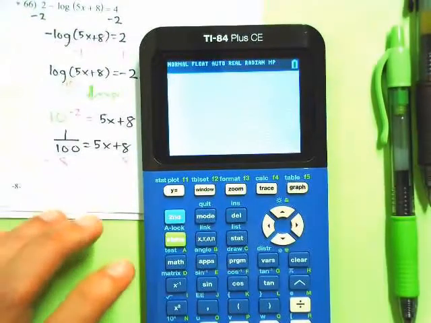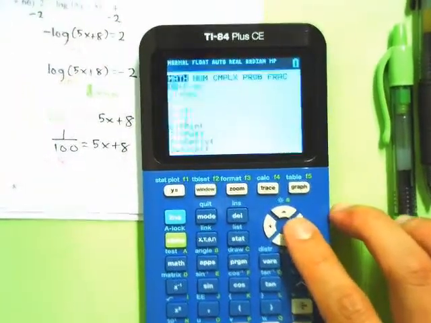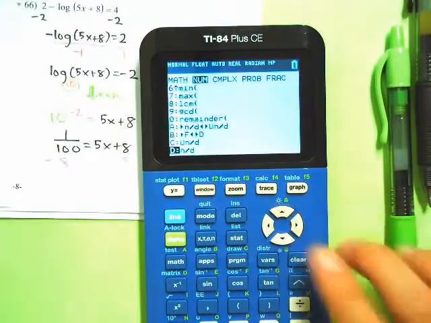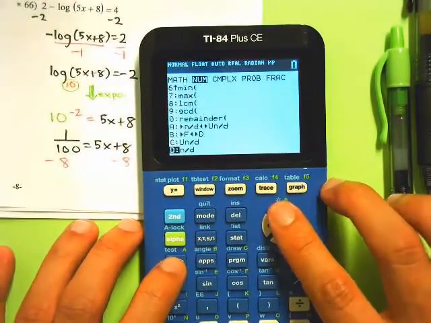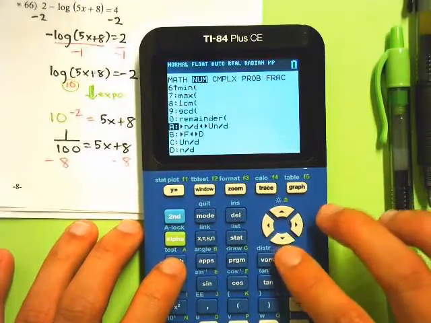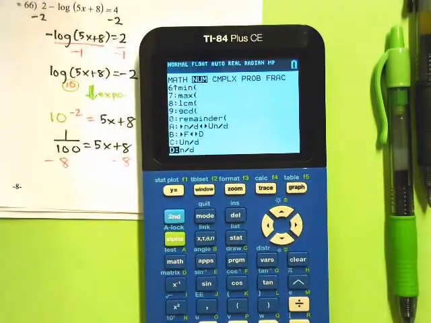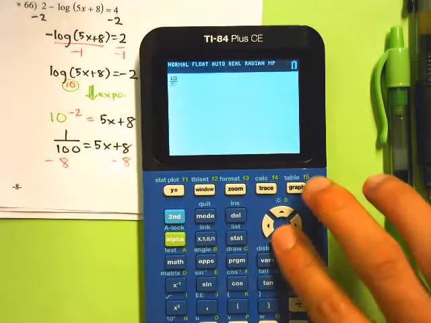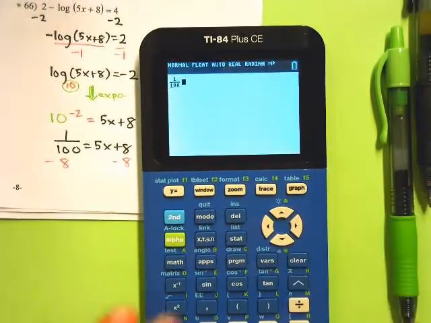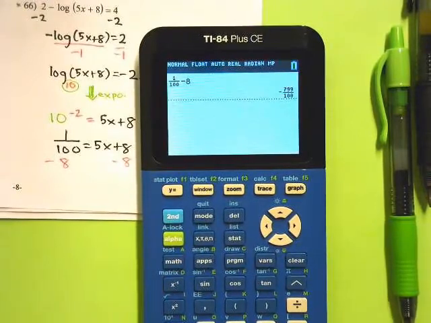Oh, we do have that fraction option. Let me just see if I remember correctly. I'll hit math again, and then on the number, I'm going to go up. You have a couple fraction things that you have options for. I usually use D, numerator over denominator. Then that way in the TI-84 Plus CE, it makes it into a fraction. 1 over 100 minus 8. So negative 799 over 100.